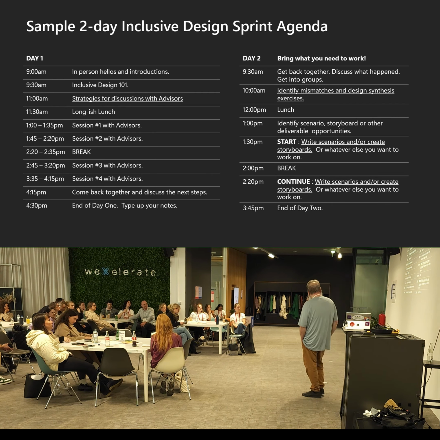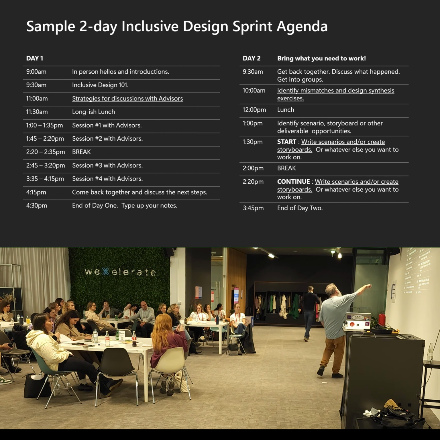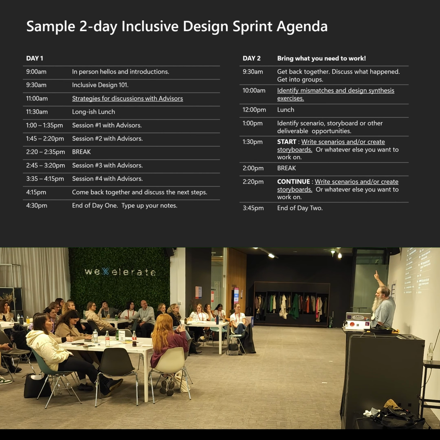This is a sample schedule that I tend to use. What we've gone through today is inclusive design 101 with a little bit extra, right? We ask people to do a long lunch. I give people the strategies for talking with designers. We talk to our advisors.